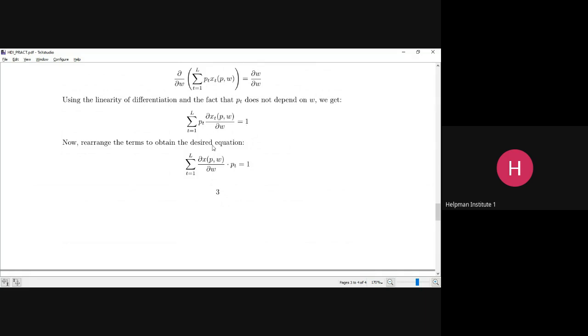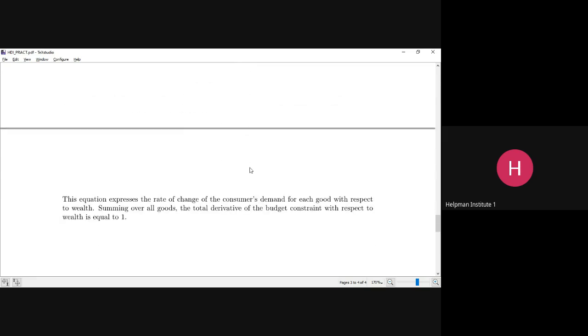We apply the chain rule, the summation, and we have this. Why am I not having plus here? You remember, if I differentiate P with respect to wealth, it is 0. So instead of plus, we're going to have plus 0, and we're only left with this. So that is the proof.